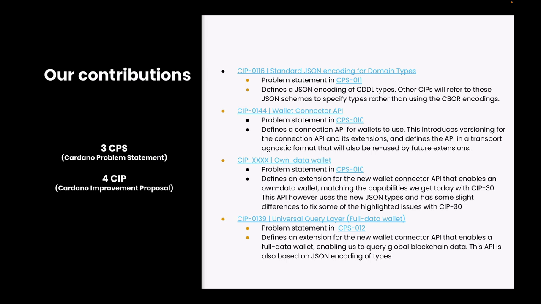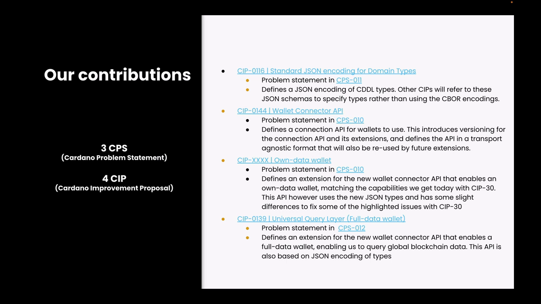We wanted to split them, so we wanted to introduce this generic connector API, which only defines, essentially, the versioning scheme for the connection API and its extensions. It defines the API in this transport agnostic format, and defines also a mechanism for extensions to register and provide finer grain capabilities in line with the wallet roles that we've talked about before.